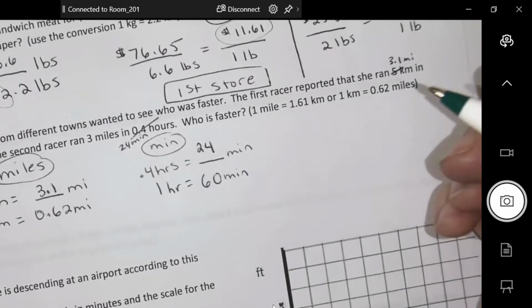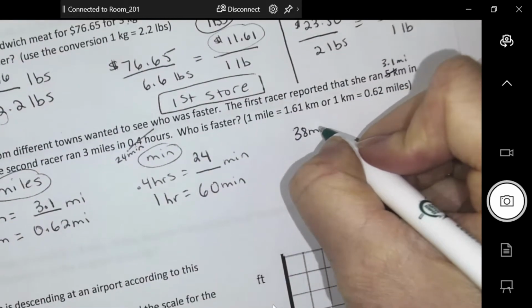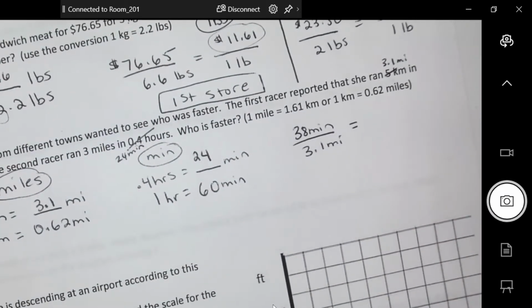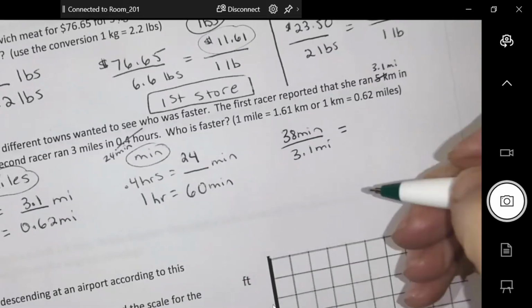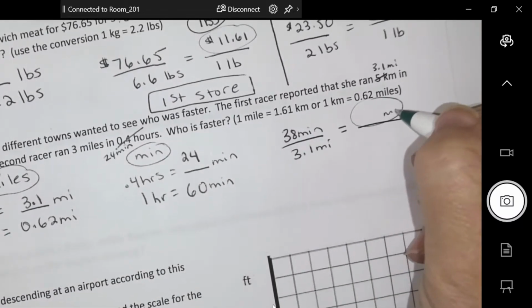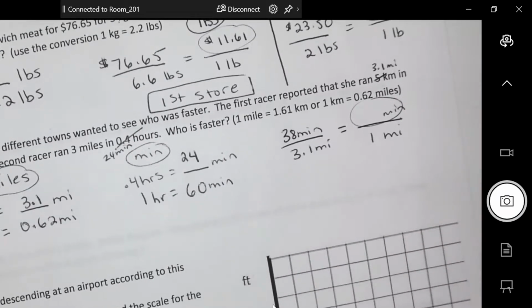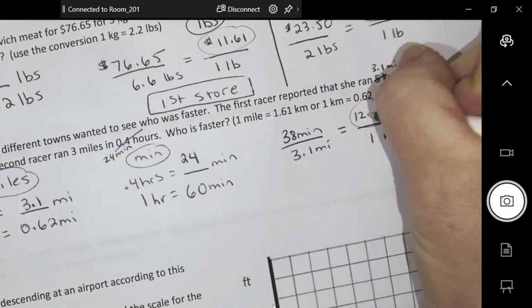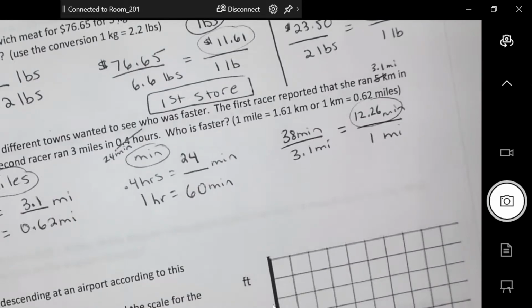So minutes. So the first one, we're going to go 38 minutes for 3.1 miles. How many minutes to do 1 mile? Okay, 12.26.